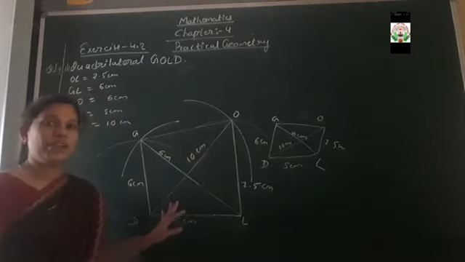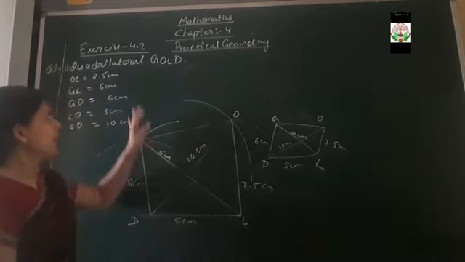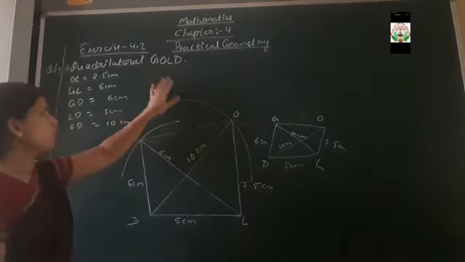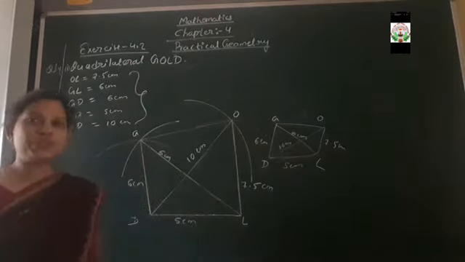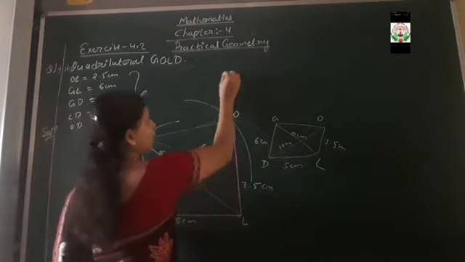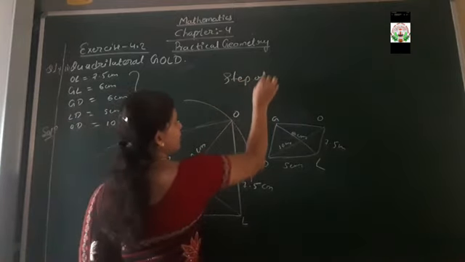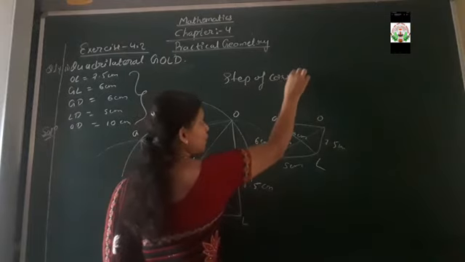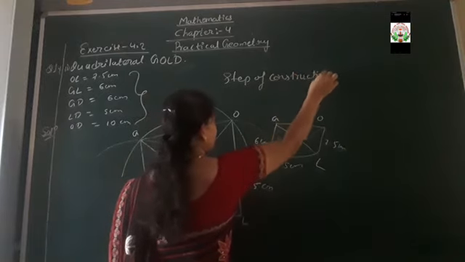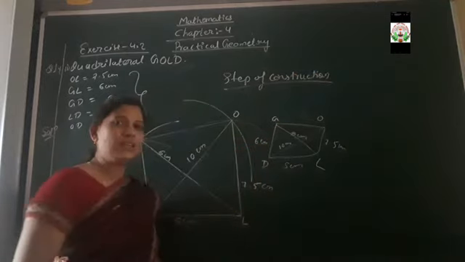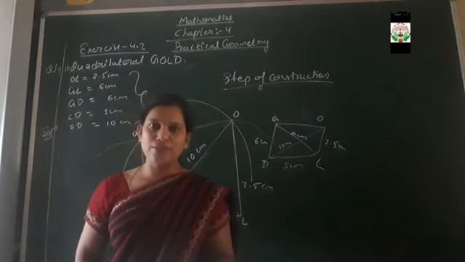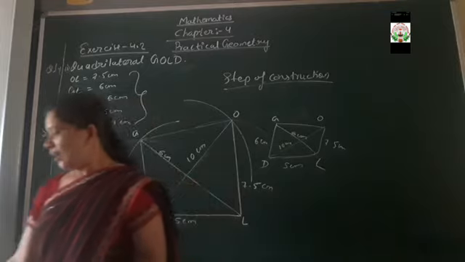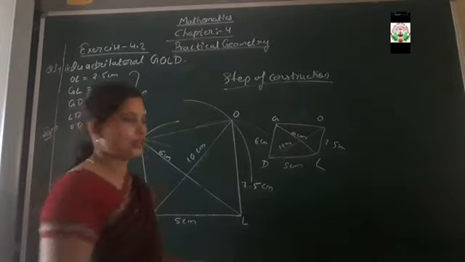So like this way you will get a quadrilateral GOLD whose measurement is given like this. Clear, student? So after this you have to write the steps of construction. Whatever the things we are going to do while constructing it, that we have to write in statement form, words form, that you can write with your own. Clear, everyone? So here we had completed question number 2 also.